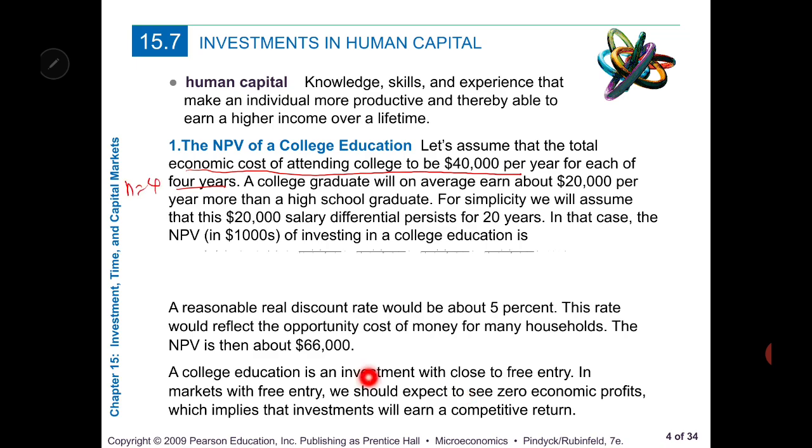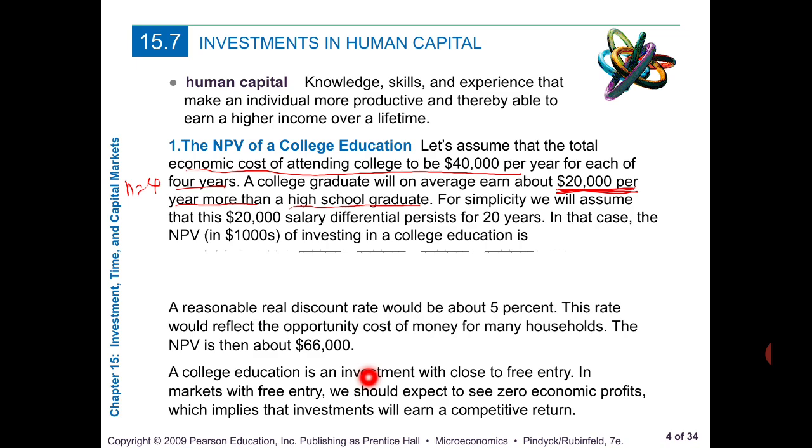But after that, you'll be working and you can earn $20,000 per year more than a high school graduate. So the return from this investment is 20K per year. If you don't take the degree, that will be zero on top of whatever you're getting now.